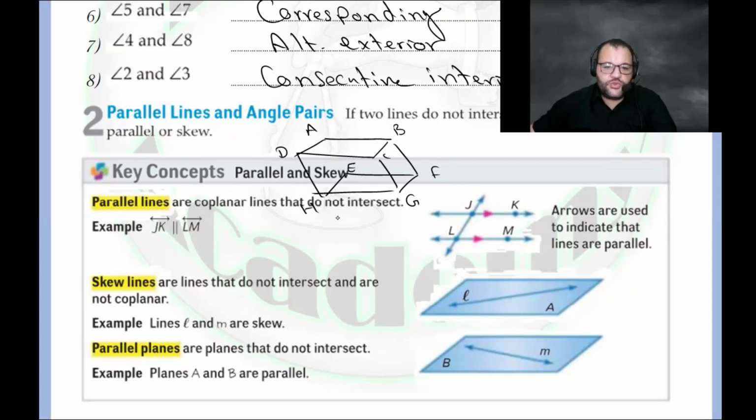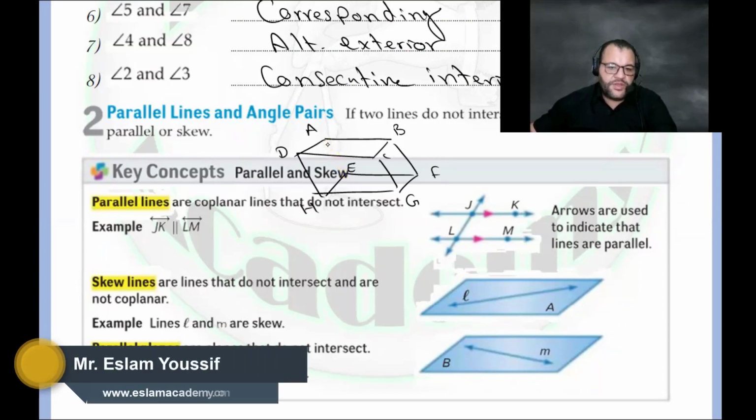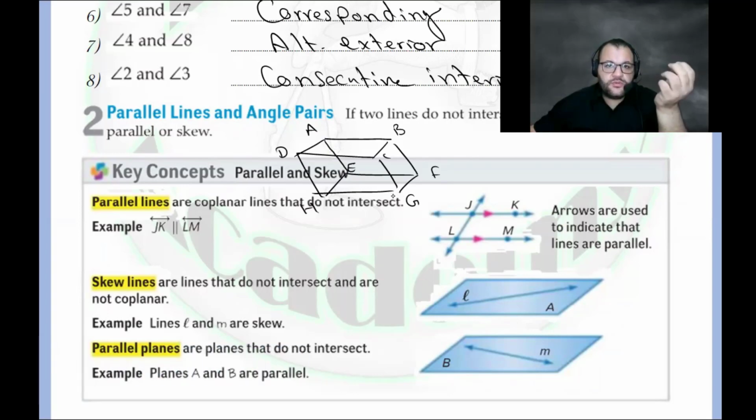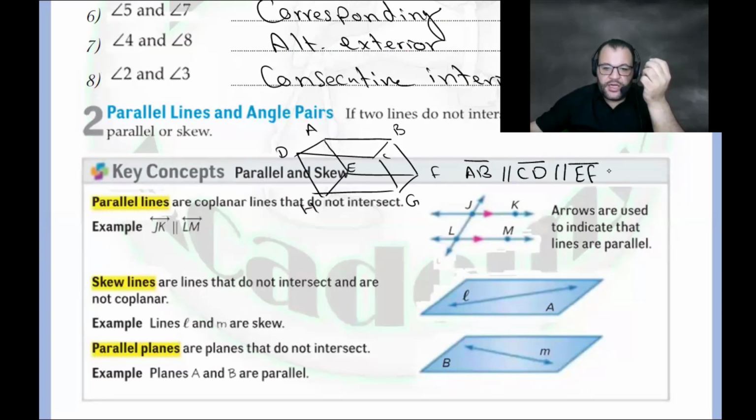AB is parallel to CD, and at the same time parallel to EF and HG. So we can say that AB is parallel to CD, EF, and HG.